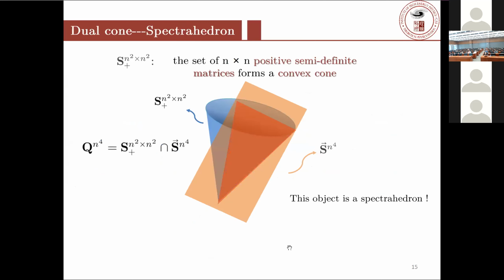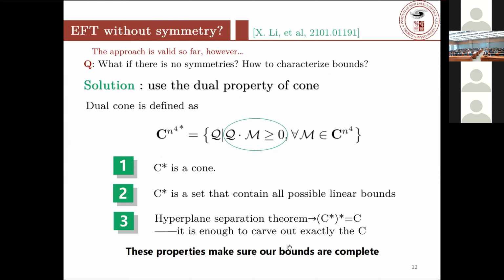Yes. In the dual space, because if the theory has no symmetries, we know that it's very hard to deal with the bounds in the amplitude space, because we cannot get the CG coefficients to construct the projectors, then we cannot get the bounds directly.